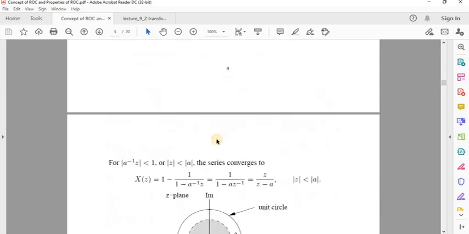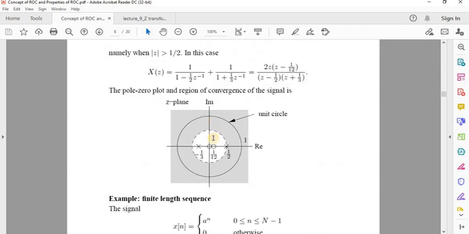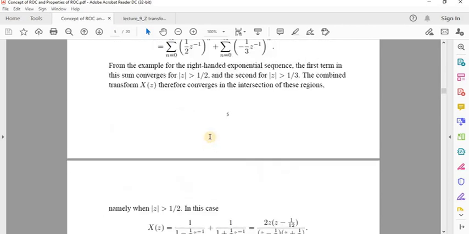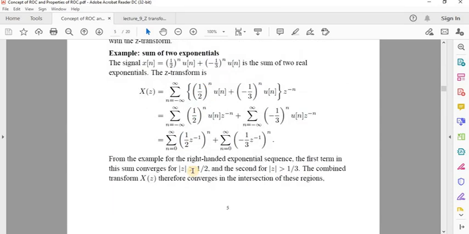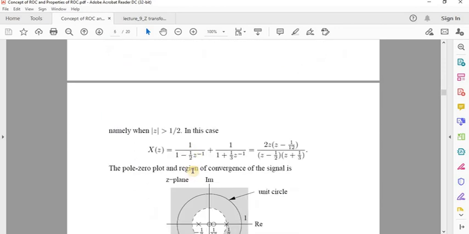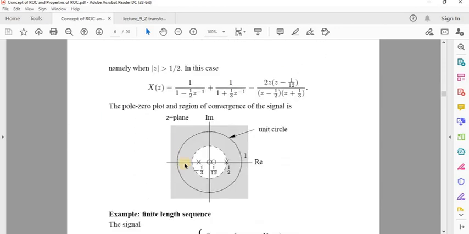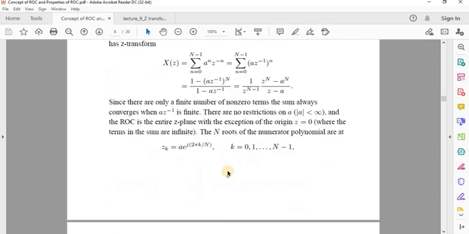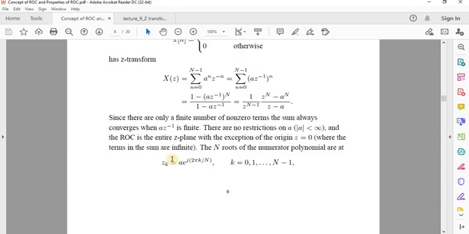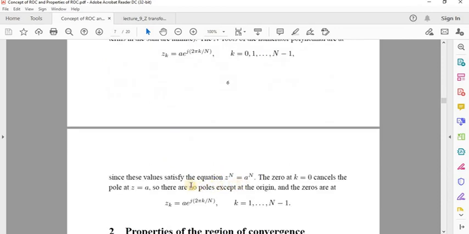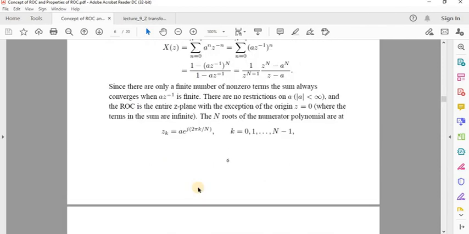And for the sum of two signals, ROC is the intersection of the two poles. So which one is greater, we have to choose, and depending upon the sequence of the signal, you have to indicate its ROC. And for finite sequences, ROC is the entire z plane.